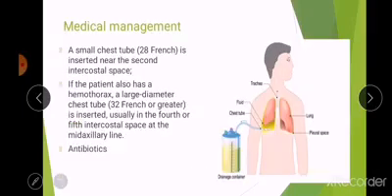What is the management? So, ang management nito is CTT, chest tube thoracostomy. So, it depends kung dun sa severity at saka kung anong meron doon sa pleural space. A small chest tube, which is French 28, is inserted near the second intercostal space, pag yan ay hangin lang. Okay? Pag hangin or tubig, fluid lang.